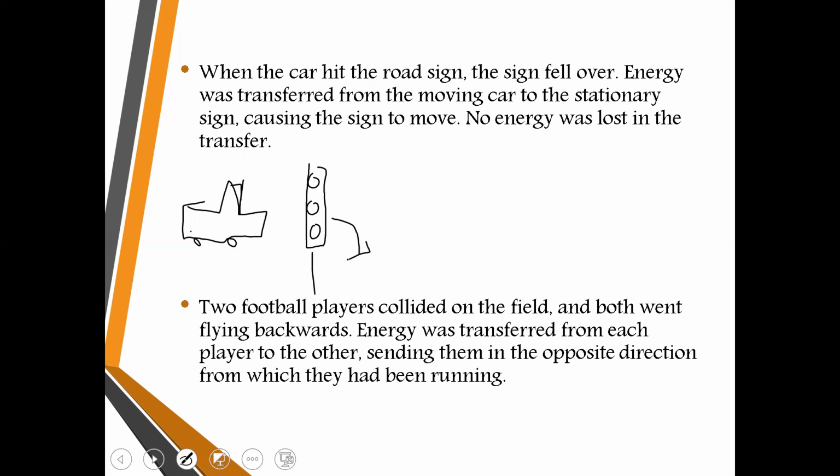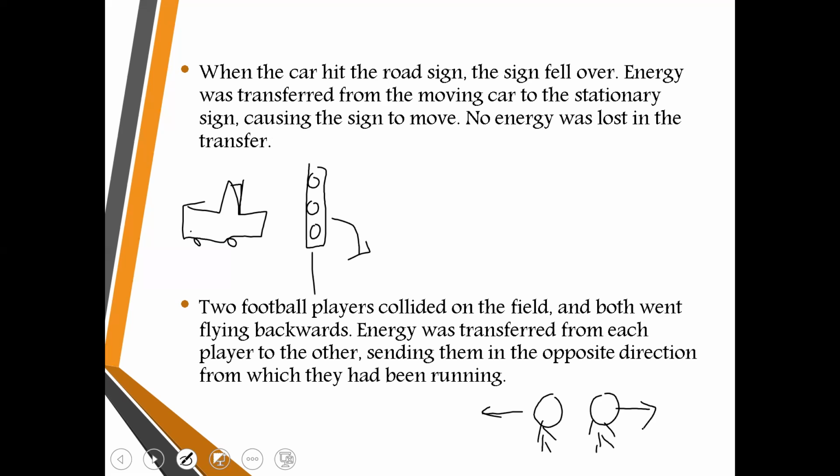Another example. Two football players collided on the field, and both went flying backwards. Energy was transferred to each player, sending them in the opposite direction from which they had been running. Here we have two football players that collided. Now, because of momentum, we know that when they collide both of them go to the opposite side.